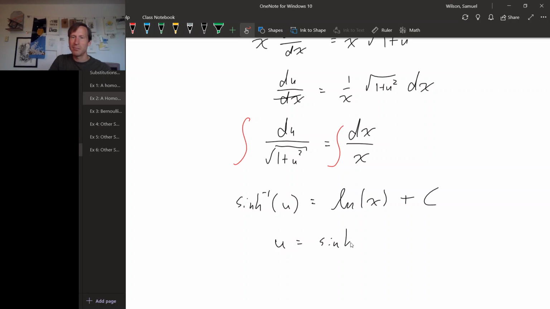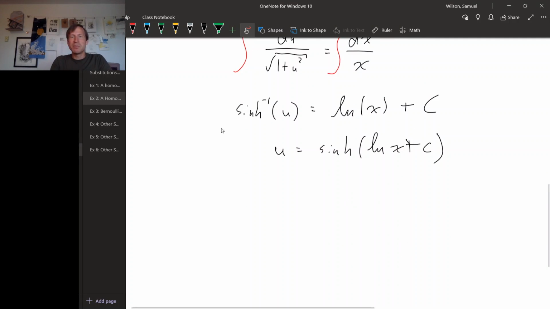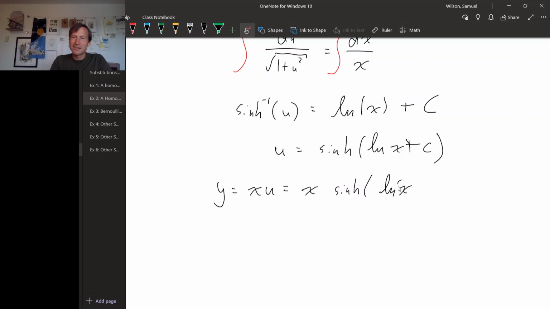So u equals hyperbolic sine of natural log of x plus a constant. Careful there. I almost put the constant outside hyperbolic sine, but it belongs inside. And then remember, we need to find y. Y is x times u, and so that's x times hyperbolic sine of natural log x plus a constant.